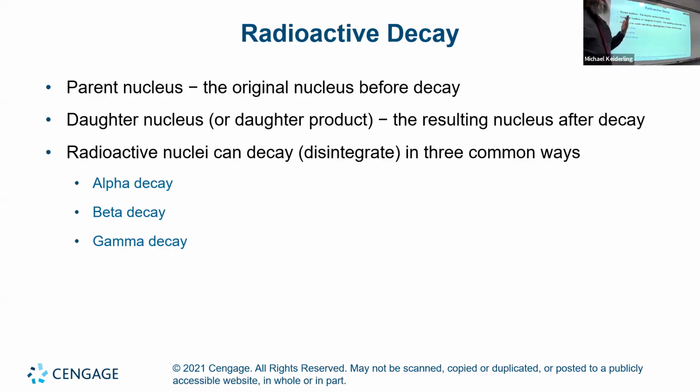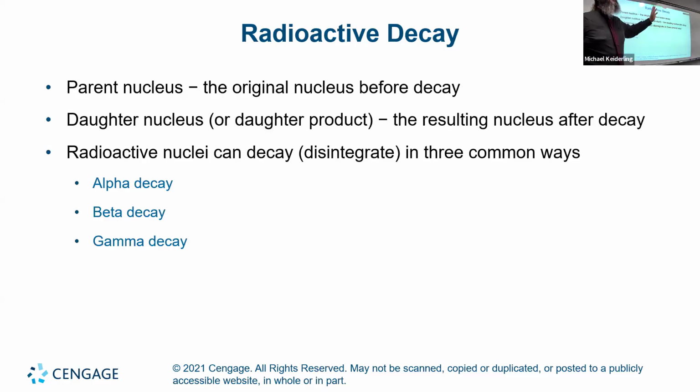Beta decay involves a proton turning into a neutron or a neutron turning into a proton. There's 2 versions of beta decay, and the emission of a beta particle. A beta particle is either an electron or an anti-electron, depending on which way that transformation went. There's also a neutrino emitted, or an anti-neutrino, again, depending on which way it went.